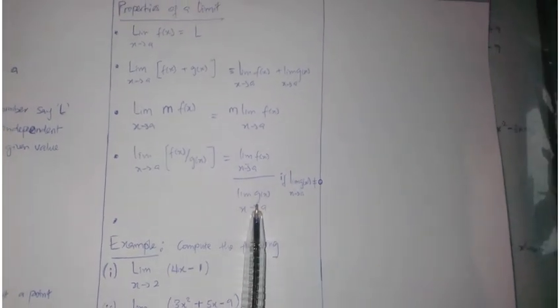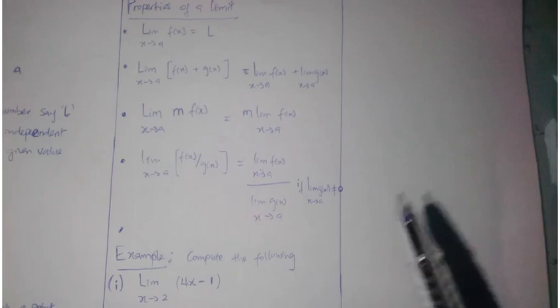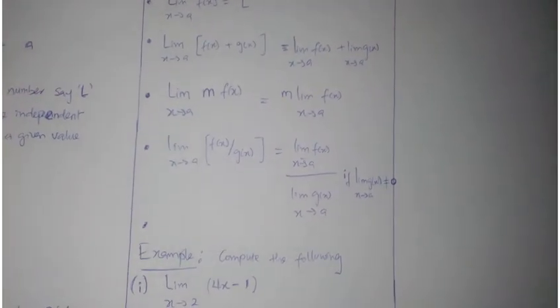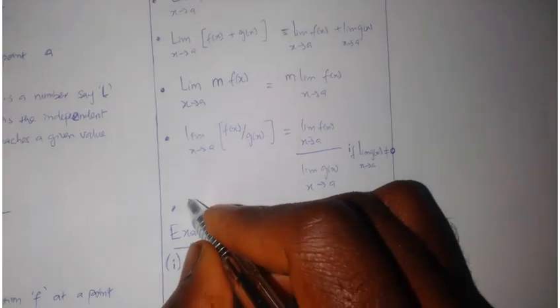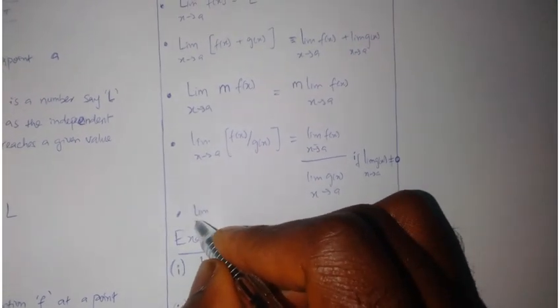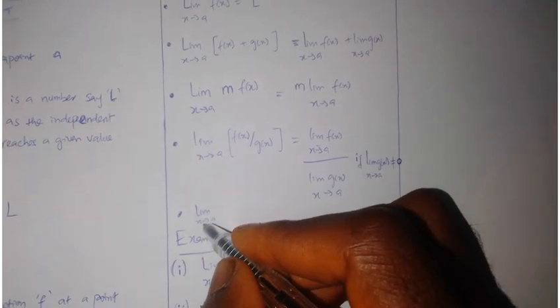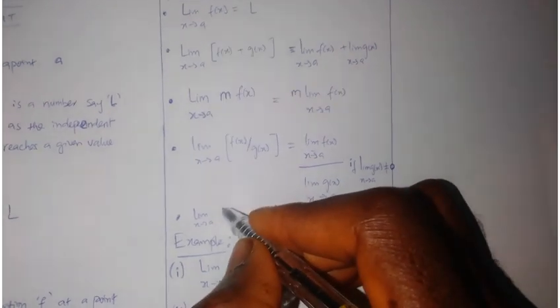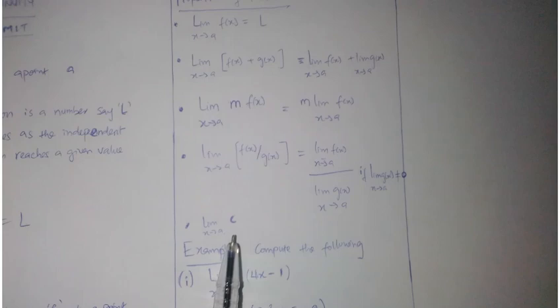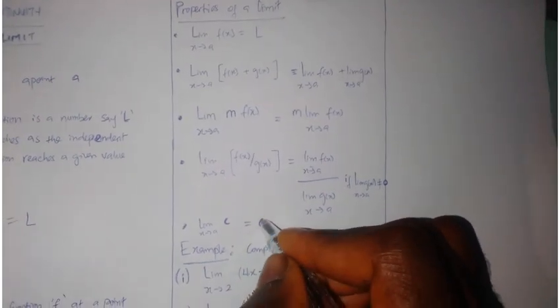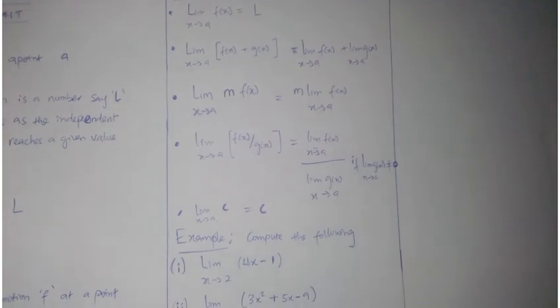Because if it is 0, our answer becomes undefined. And finally, we also have one more: the limit as x tends to a particular point of a constant. If you have the limit of a constant, it is equal to that constant. Okay, so that's the last limit.